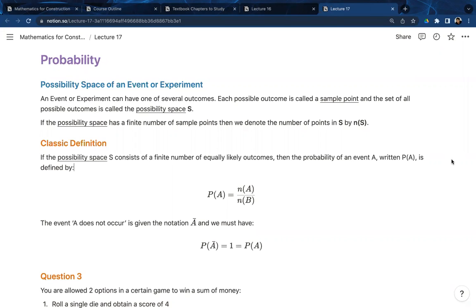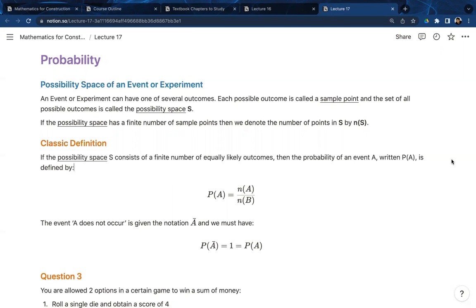Each possible outcome is a sample point, and the set of all sample points is called the possibility space, and is given a capital letter S. If the possibility space is finite, for example, if you roll a die, there's a finite number of possibilities you could have, 6 of them, right? It is denoted by n(S), the total number of points in that space.